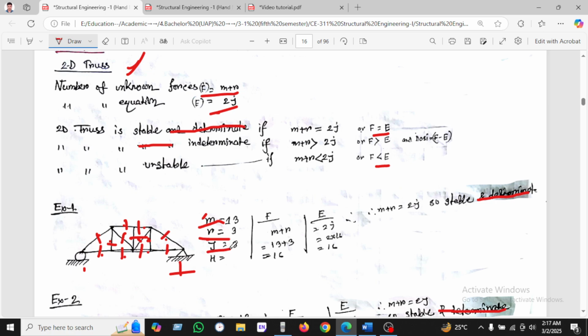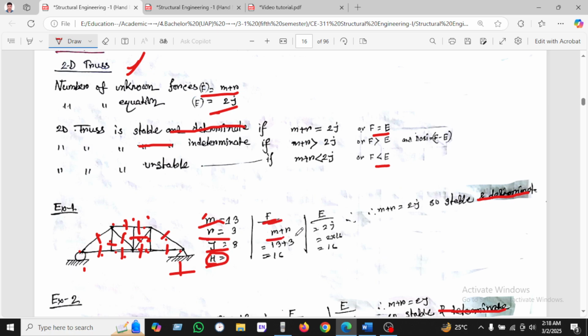And the joints: we count 1, 2, 3, 4, 5, 6, 7, 8. There are 8 joints. There is no internal hinge, as we know; in a truss there is no internal hinge, so we have to memorize that.